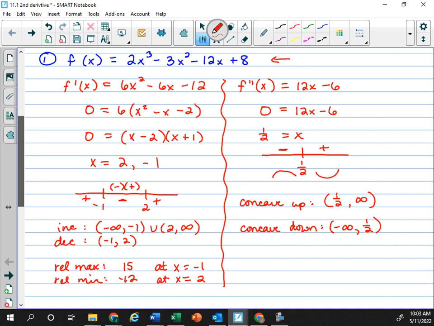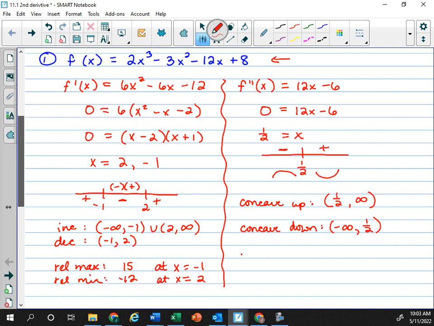Do we have a point of inflection on this one? Yes, it changed from concave down to concave up, right? That's what a point of inflection is when it actually changes from one to the other. Most of the time, your critical number will be a point of inflection. Not always, though, if there's some sort of multiplicity or something else going on with it.